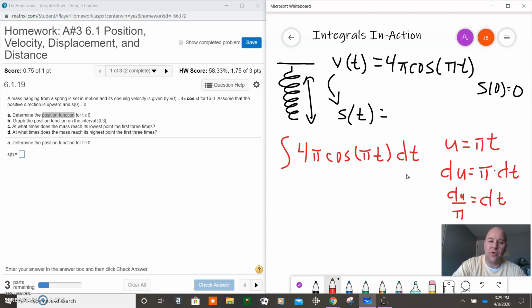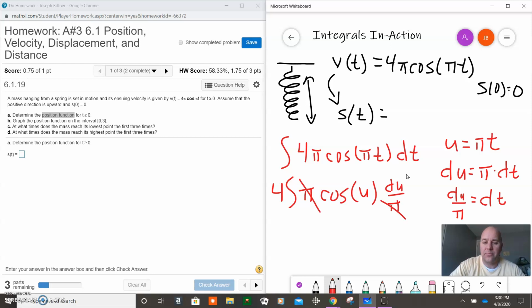Now if I substitute everything back in, I put the 4 on the outside, cosine of u, and then dt equals du over pi. The pi's will cancel, and I'll end up with 4 integral of cosine of u du.